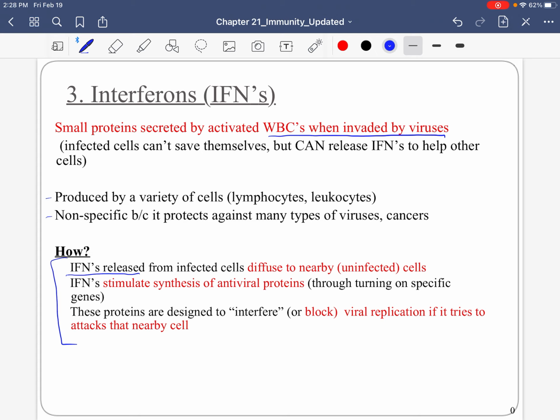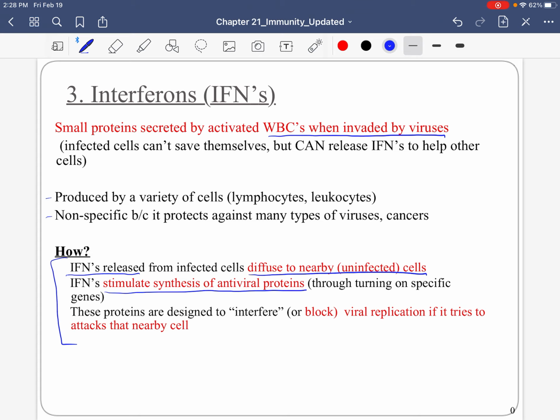Those interferons will diffuse to nearby healthy cells. And those interferons will stimulate those nearby healthy cells to produce an antiviral protein. So that if that same virus now tries to take over that nearby healthy cell, well, now that nearby healthy cell has a specialized antiviral protein to protect it.